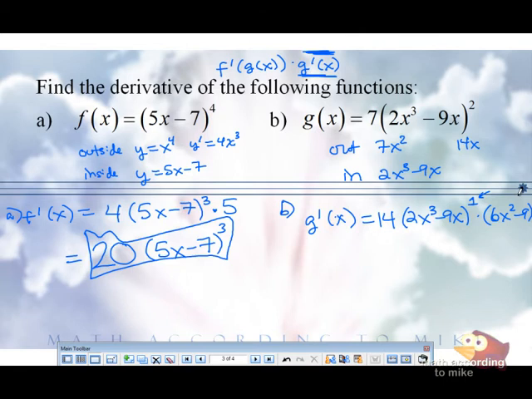So if we did multiply all this through, or what I should say is e.g., distribute the 14, and then FOIL from there, we would be getting 168x to the 5th minus 1008x cubed plus 1134x.